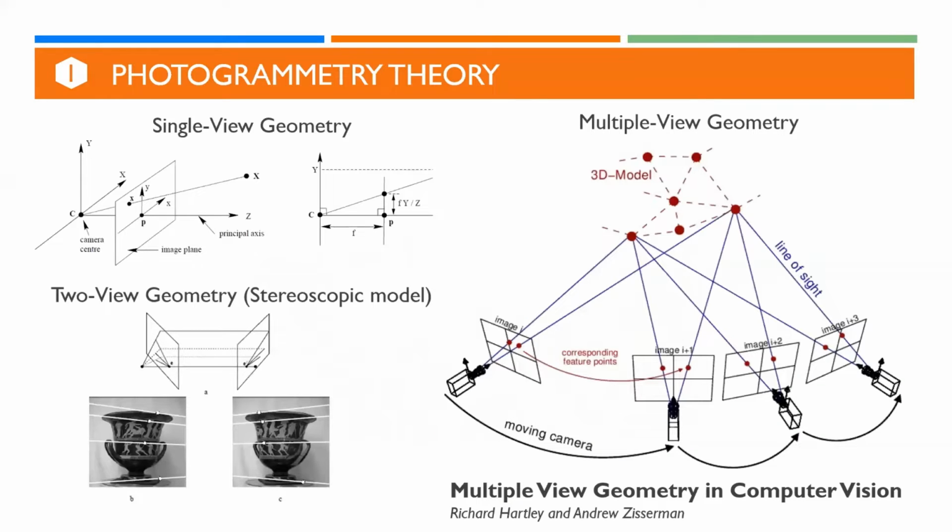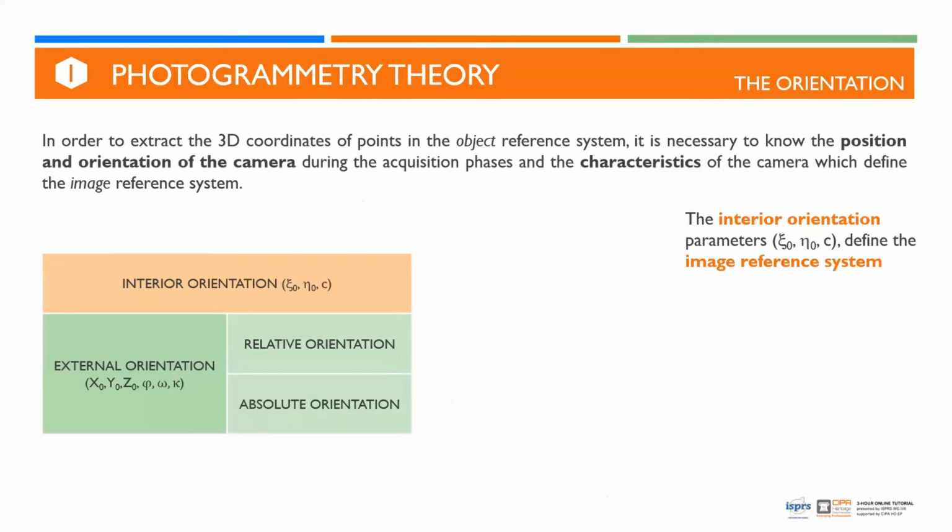Here you can see that there are some different approaches, models, sorry. So the single view geometry, the two view geometry, which is actually a stereoscopic model, and what we are going to use, the multi-view geometry, the base for our structure from motion. Now, when we are dealing with the processing, you will also see this part in the practical part with Susana.